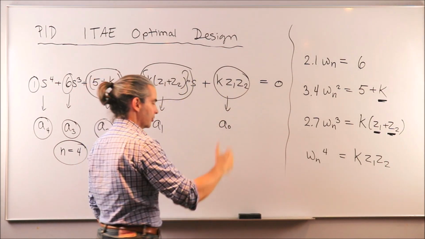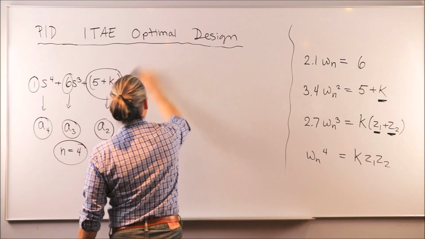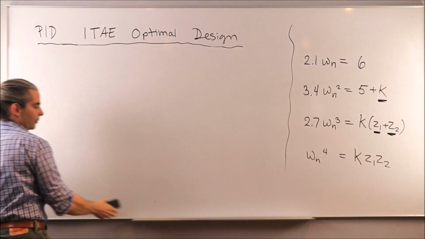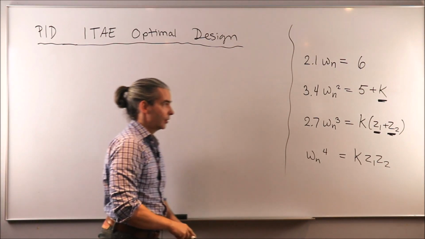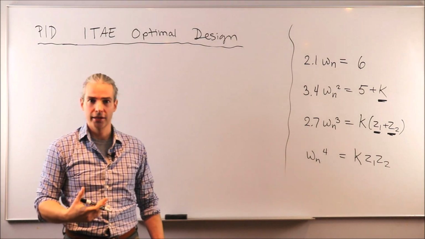This is what we're trying to solve for. And solving those equations would guarantee us that those control parameters that are still unknown will be optimal in the sense of minimizing the ITAE criterion.